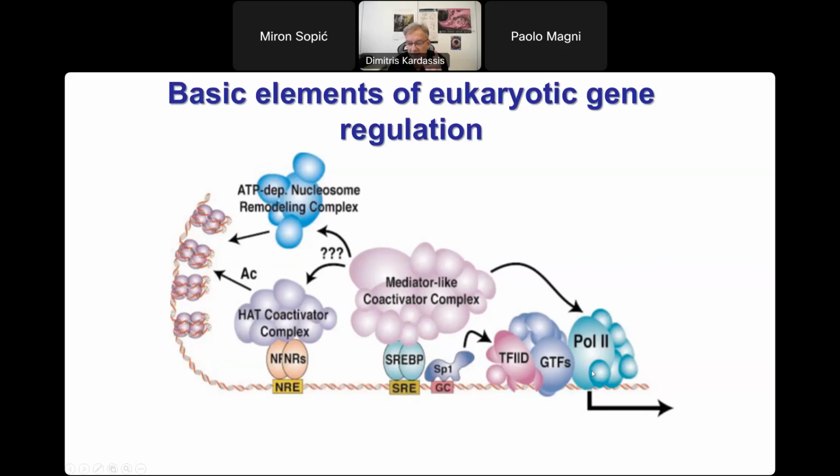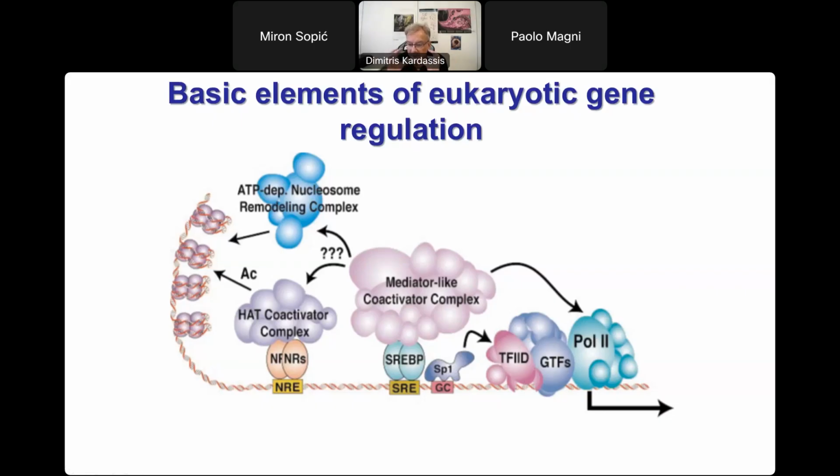Just upstream of this transcription initiation site, there are regulatory elements such as these ones which bind sequence-specific transcription factors. We see some examples here, such as nuclear receptors, SREBPs, and SP1. Also, in this figure, we see the main enzyme responsible for transcription, called RNA polymerase II. RNA polymerase II is recruited on the promoter.